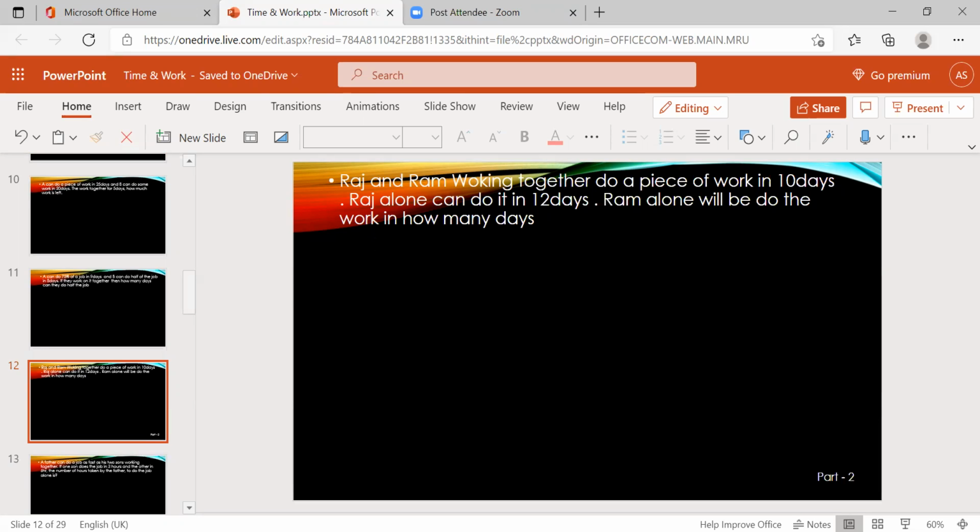What are they asking here? Raj and Ram, two members, can finish the work in 10 days together. That means both working combined can finish in 10 days.